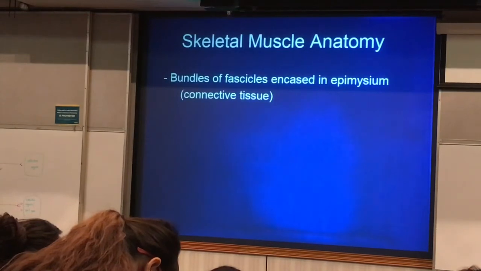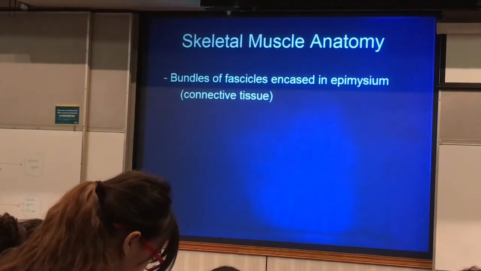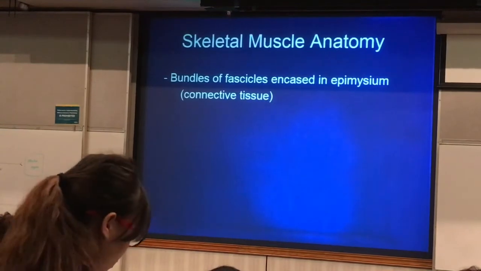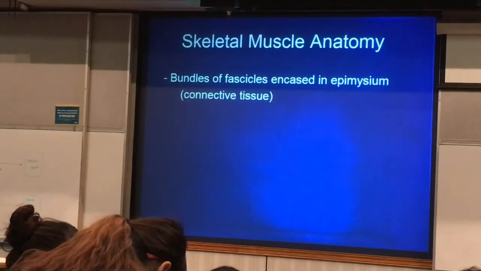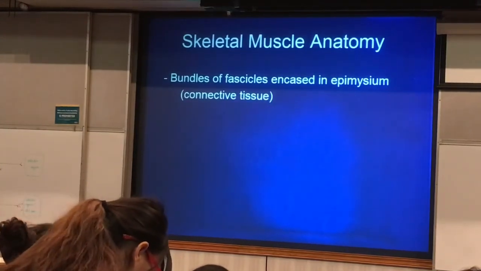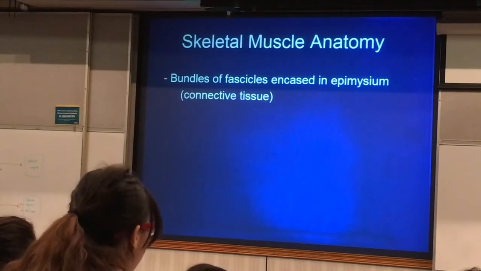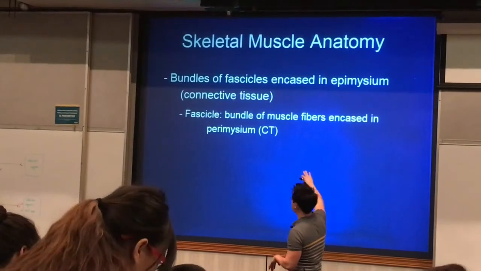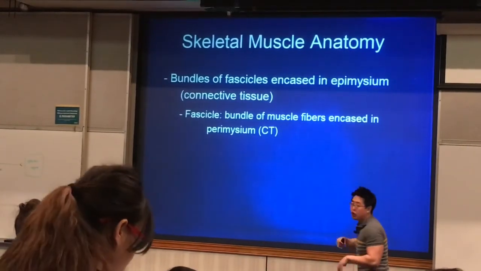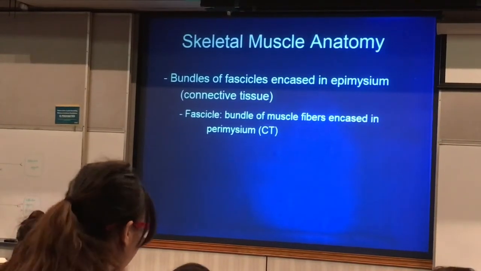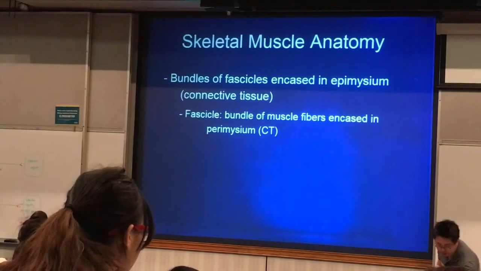So here's one of these fascicles that I'm going to open up. And then I take this, so I'm taking one of these bundles. This is your fascicle. And your fascicle is really a bundle of muscle fibers, okay? And you're going to have a bunch of these muscle fibers, and they're going to be wrapped up in something called perimysium, okay?